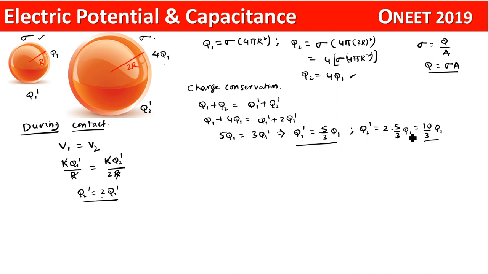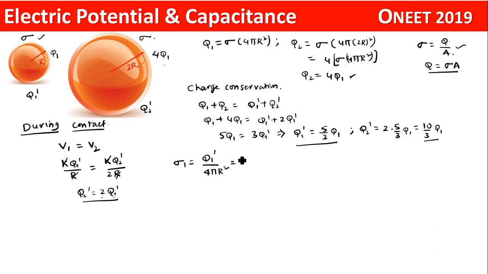Now we need to find sigma 1 and sigma 2. That is the question. Sigma is charge per unit area. The charge on the first sphere now is Q1 dash, divided by 4 pi r square. The area has not changed because the body is the same.